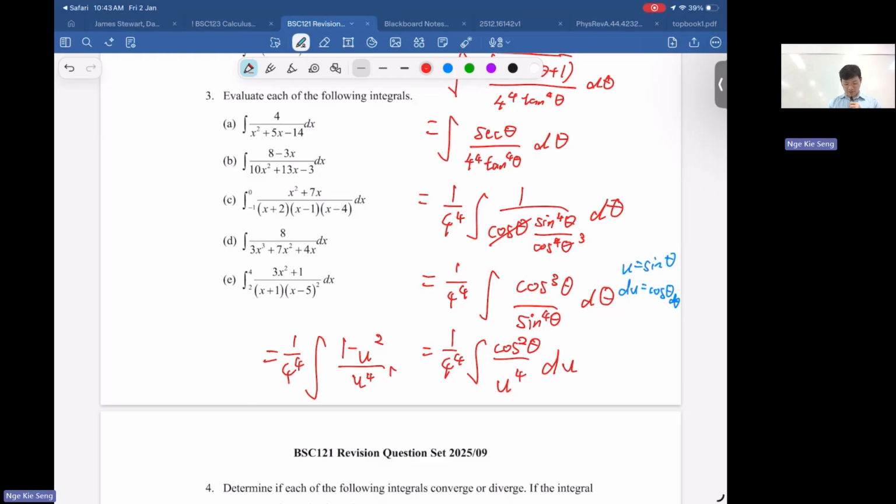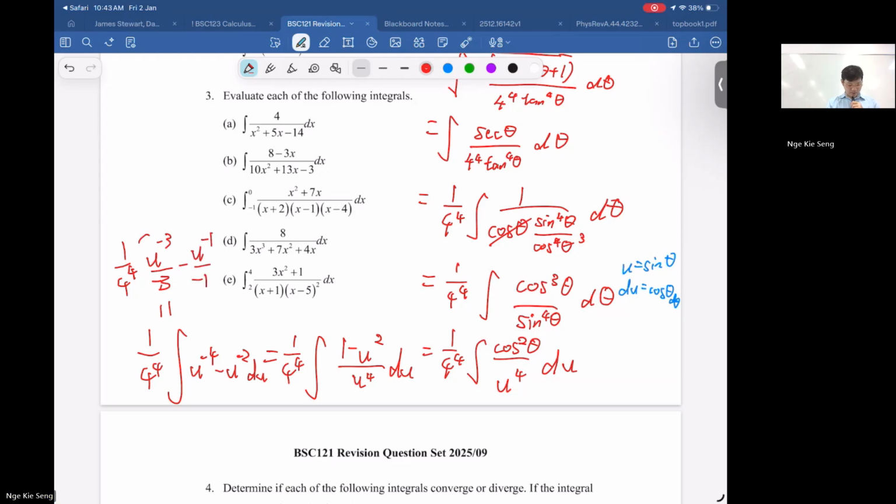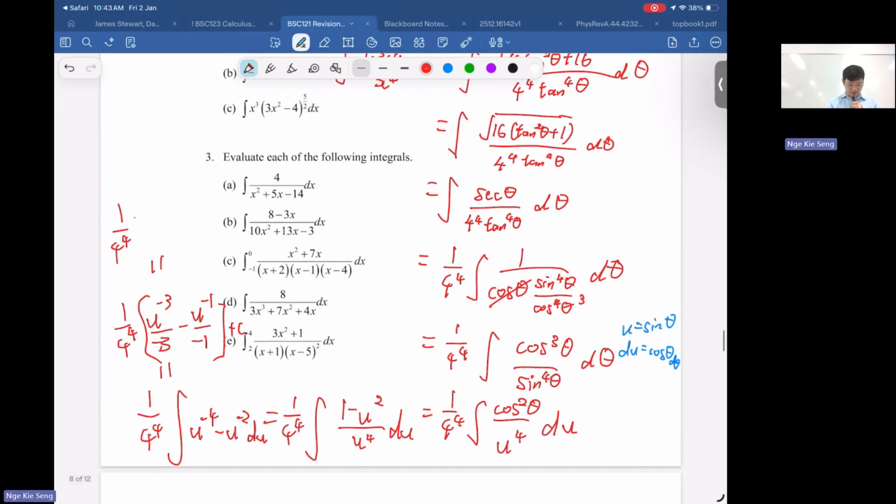Okay, and then this will become very easy integration now, which is u to the minus 4, and then the other one is u to the minus 2, which is u to the minus 3 over minus 3 minus u to the minus 1 over minus 1 plus c. And then you remember to sub your u back. What's your u? Sine theta.